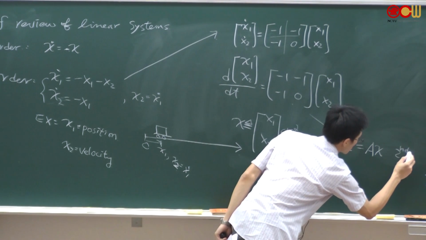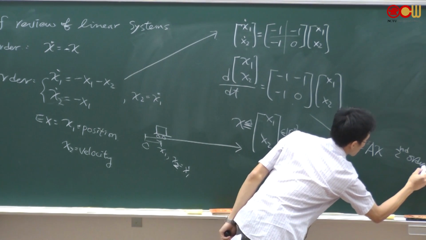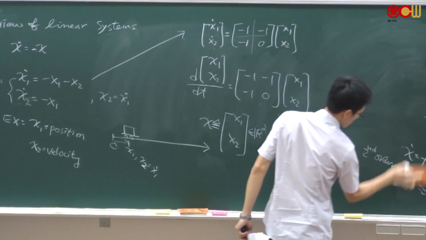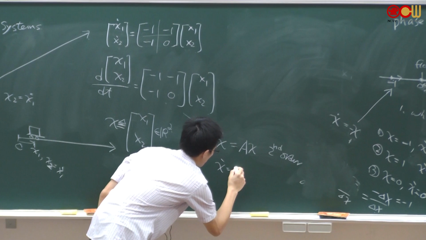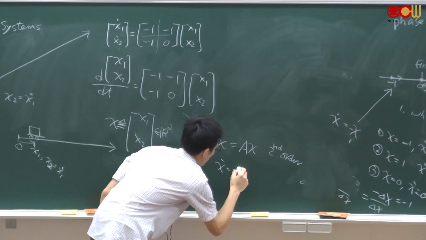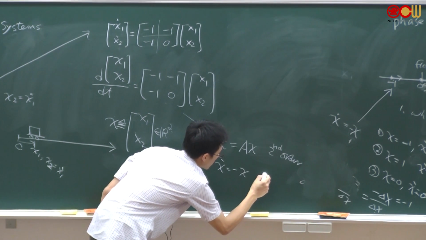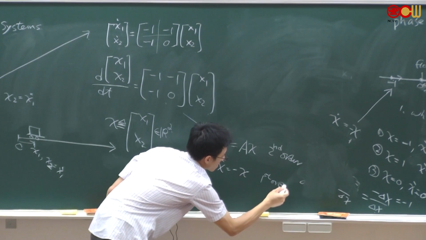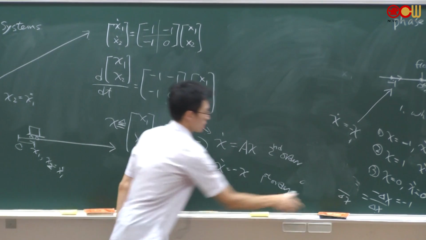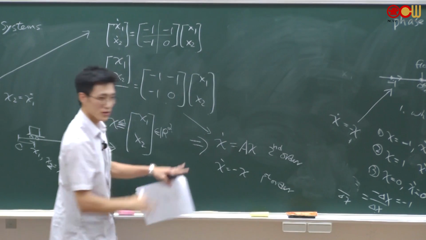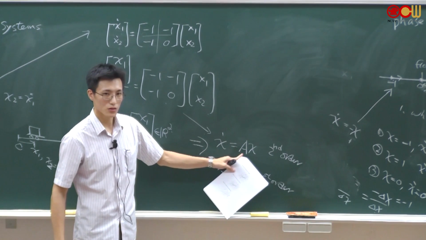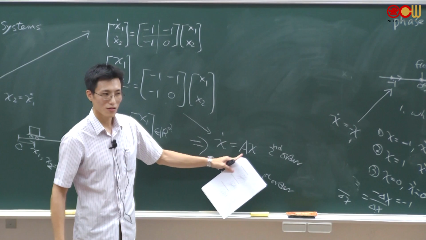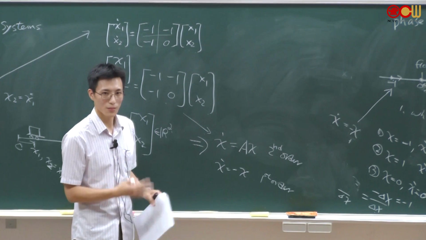Second order. Okay, first order. So they are very similar, right? The coefficient is -1. The coefficient is a matrix. Can you do further to compare the two?